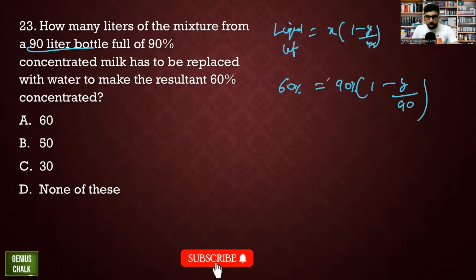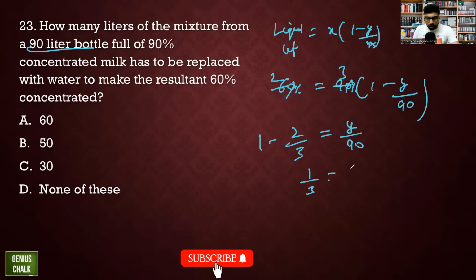This is 2, this is 3. If you solve this, you will have your answer. This is 2 by 3, and this is 1 minus Y.